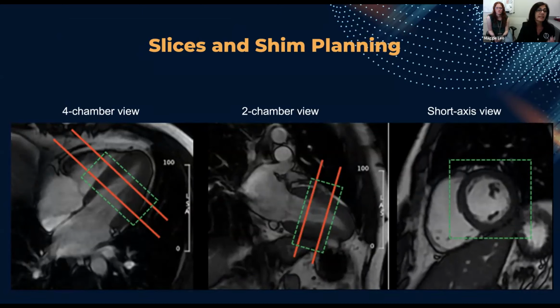The first slice is a mid-basal slice, which is strategically placed to avoid bicuspid and tricuspid valves and the flow artifacts originating from these valves. The second slice is a mid-ventricular slice. We go through the cardiac cycle just to verify positioning. Please note the shim size. It is a focused shim around the two planned slices and not the entire heart.